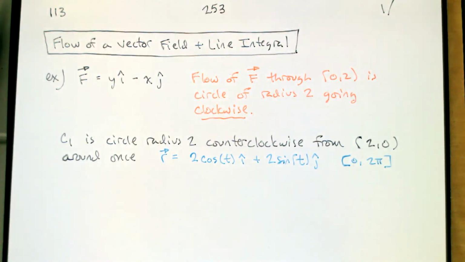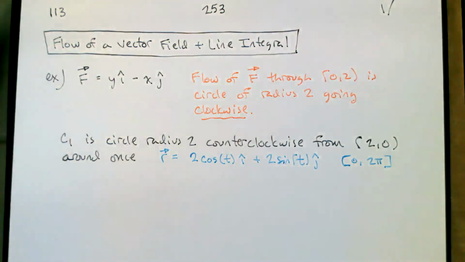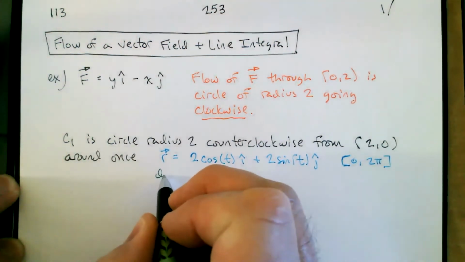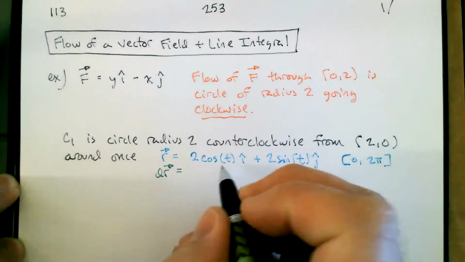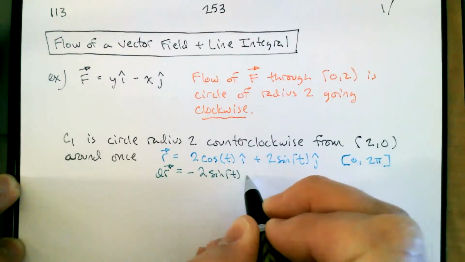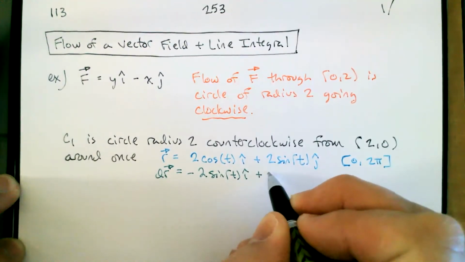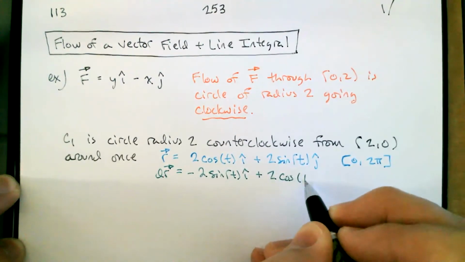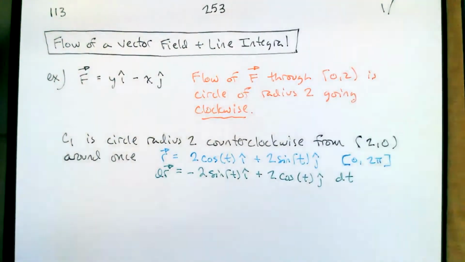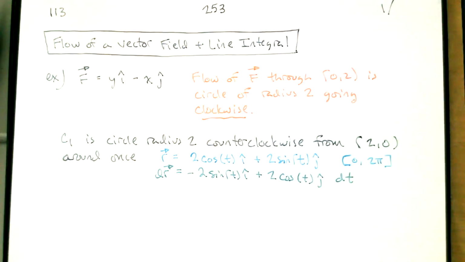So we need something that tells us the direction of the curve, and that would be the derivative, so dr. So there's the velocity vector, the direction that we are headed on the curve at any point on the curve.